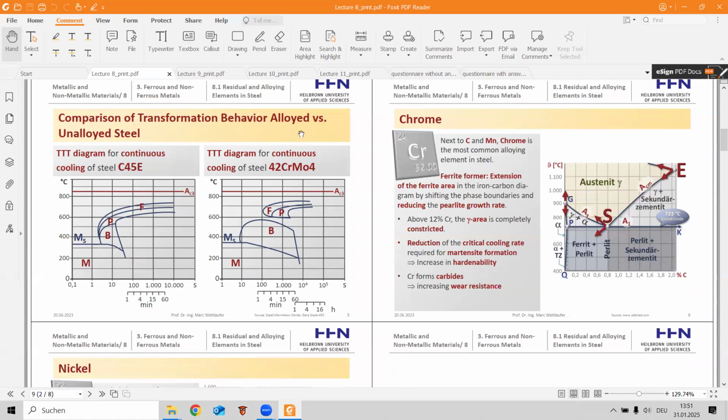Comparison of transformation behavior of alloyed and unalloyed steel. So, the time-temperature transformation diagram for continuous cooling of this steel, and the TTT diagram for continuous cooling of alloyed steel, chromium and aluminum.